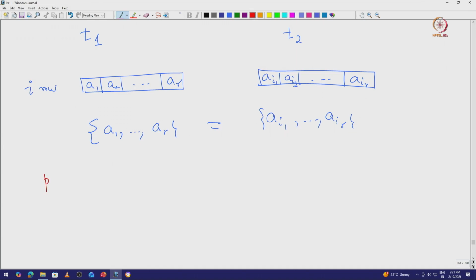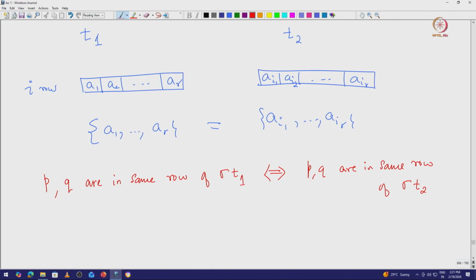Let us say P and Q are in the same row of sigma T1. Then we want to show that this holds if and only if P and Q are in the same row of sigma T2.